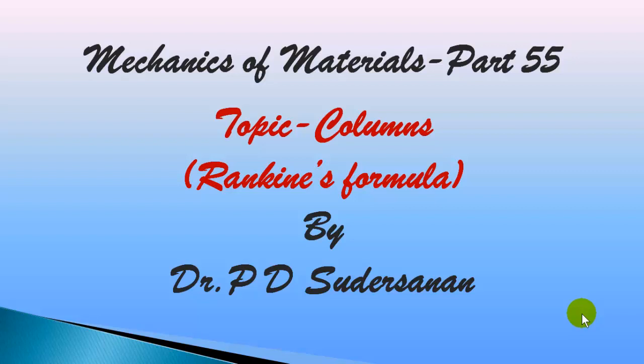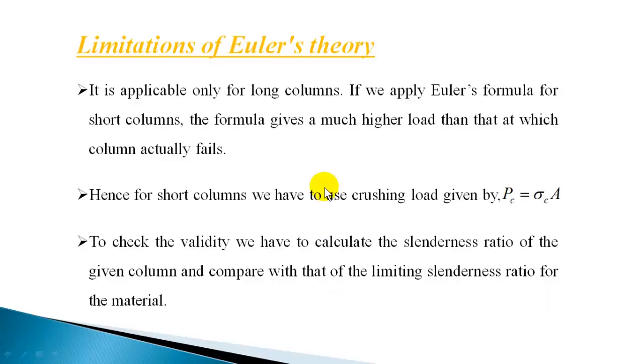In today's class, I'll discuss the limitations of Euler's formula and introduce Rankine's formula, and later we'll work out a numerical example. Now we have seen that Euler's formula can be applied only for a long column.